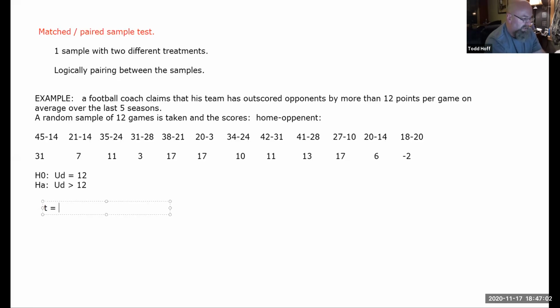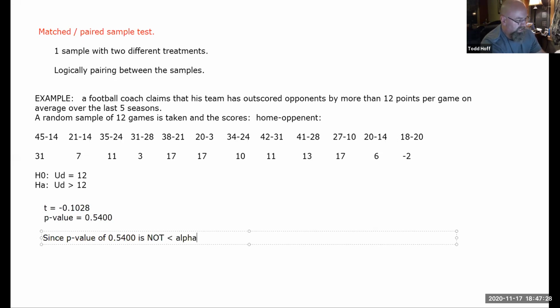So our test statistic T is a negative 0.1028 with a p-value of 0.54. So here, since the p-value of 0.54 is not less than alpha, I guess I didn't name alpha up here.